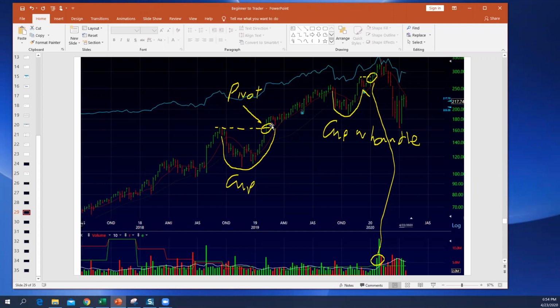And the reason we want to identify these pivots is because in this system, this is the low risk entry. And a lot of people, intermediate people, advanced traders, they struggle with this. They want to buy down here. They want to buy down here. They want to buy moving through that price average.